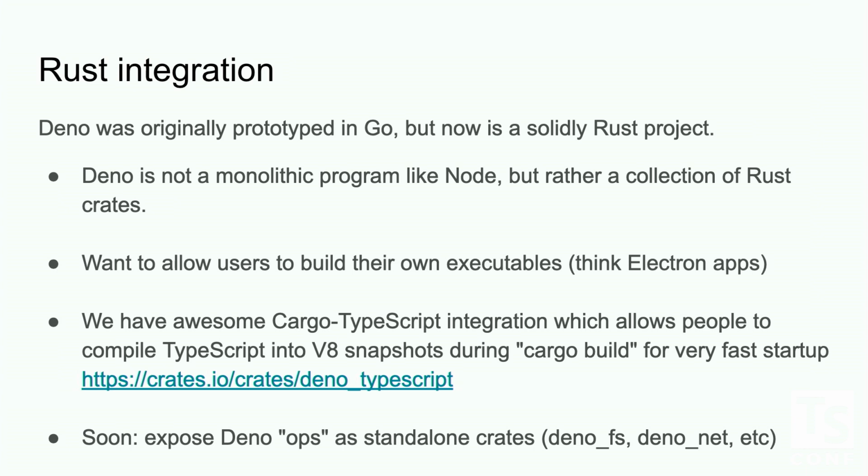Maybe you're inside of a web server and you want to execute a little bit of code. You can opt into these various layers because we've broken this out into a collection of Rust crates.